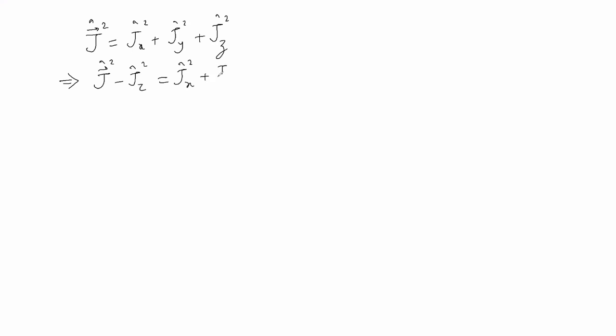Now the important point is, when we talk about J square, this is basically Jx square plus Jy square plus Jz square. And this we can write as J square minus Jz square equal to Jx square plus Jy square.